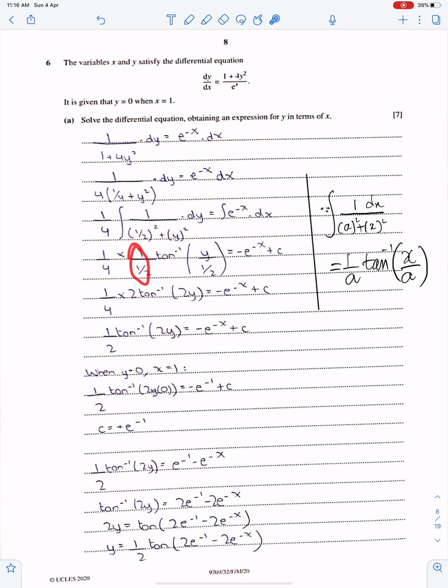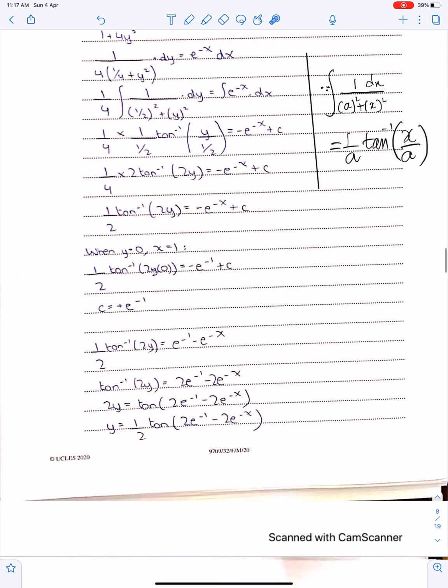When you simplify this, this will become 2y, and then you need to use the values for c. We have to make y subject, so you have to bring this tan inverse here. When you shift tan inverse here, it will become tan. This is the equation.